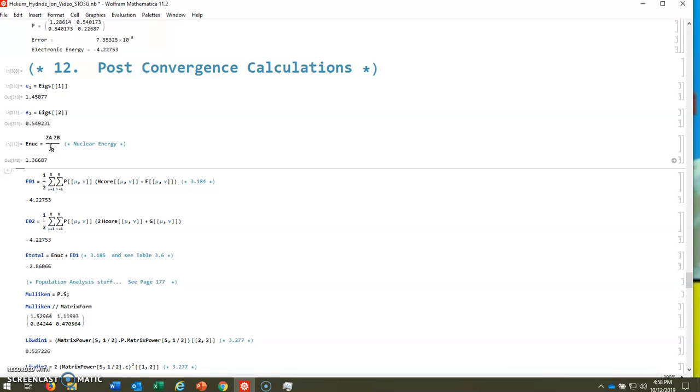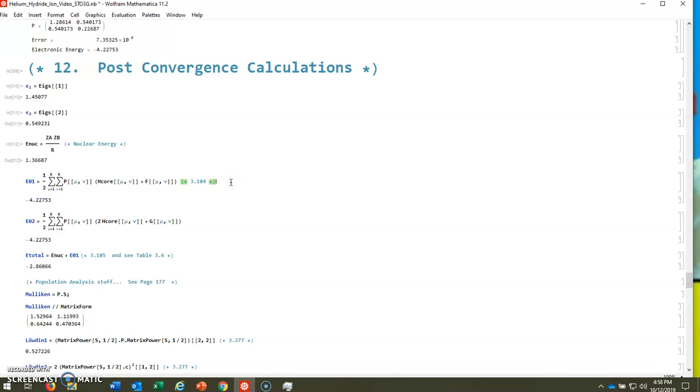We put in an R value of 1.4 or something like that, fixed for this run. So this is just a number. We can add it on. So the nuclear value is 1.366, and if we add that on to our electronic value, then we'll get a total value.